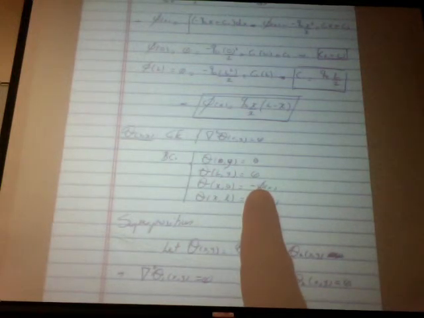Right? So now we're going to have one problem where this is going to be the only non-homogeneous condition, everything else 0, and the other problem where this is going to be the only non-homogeneous condition.